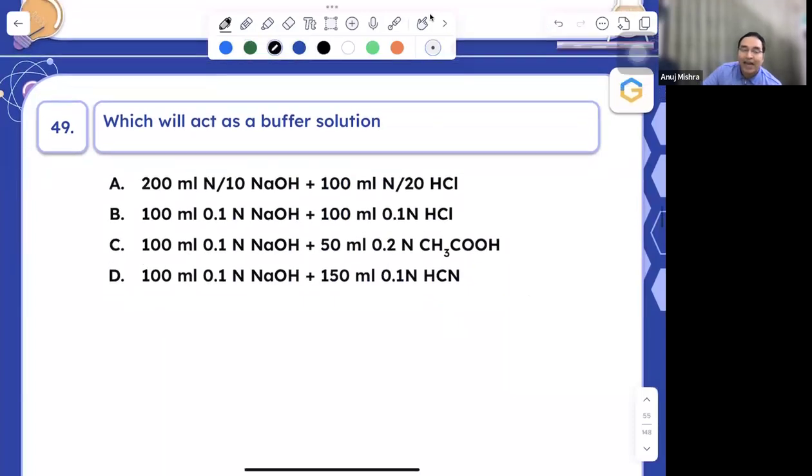Which will act as a buffer solution? Try.